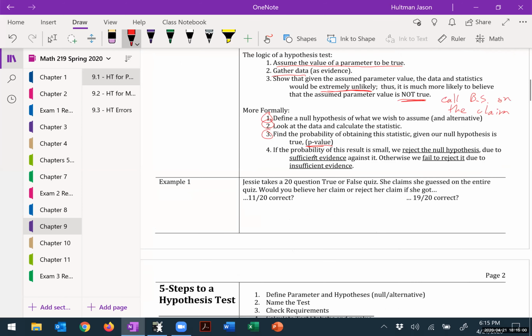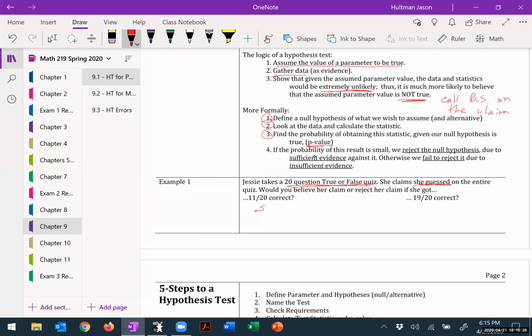Example 1. Jesse takes a 20-question true-false quiz. She claims she guessed on the entire quiz. Would you believe her claim or reject her claim if she got 11 out of 20 correct? Well, 11 out of 20 is pretty close to half, right? 50-50.